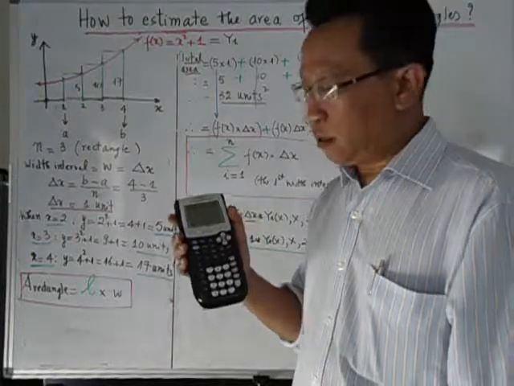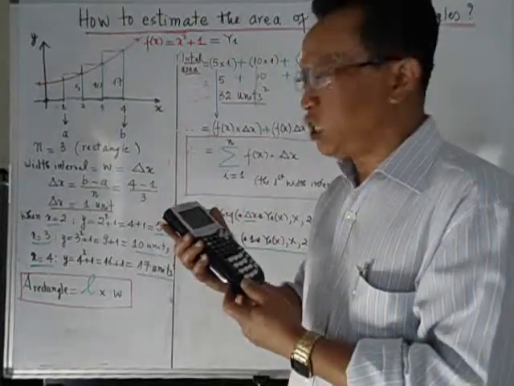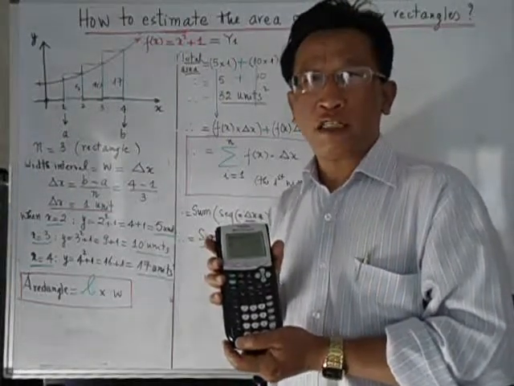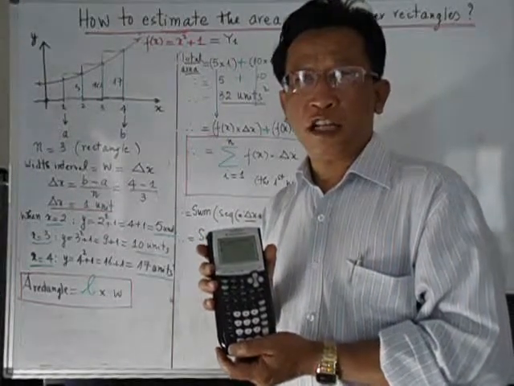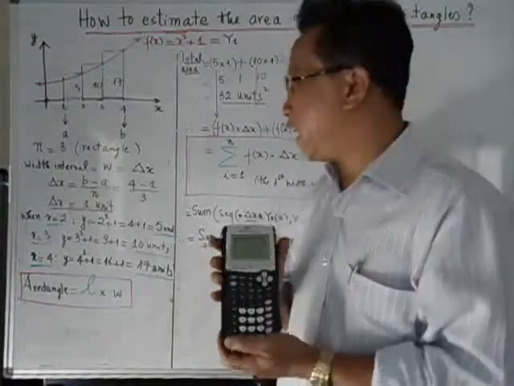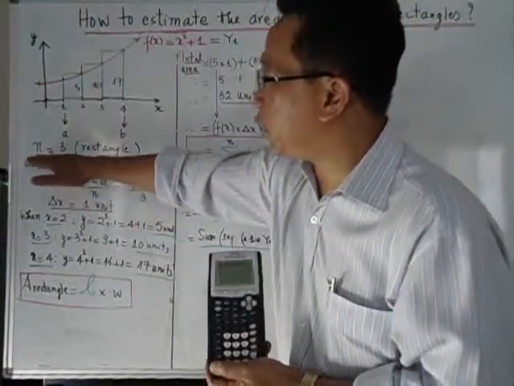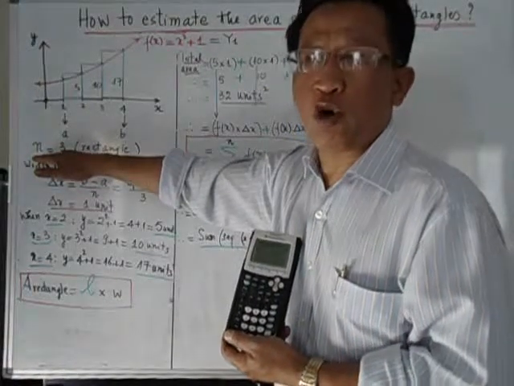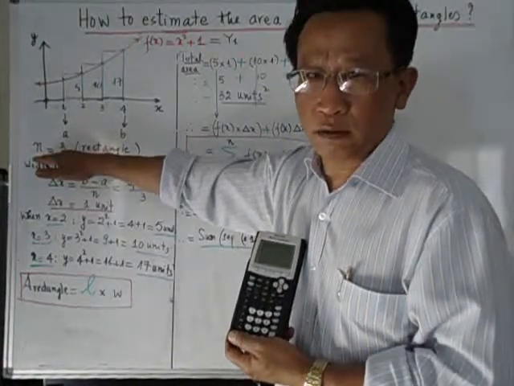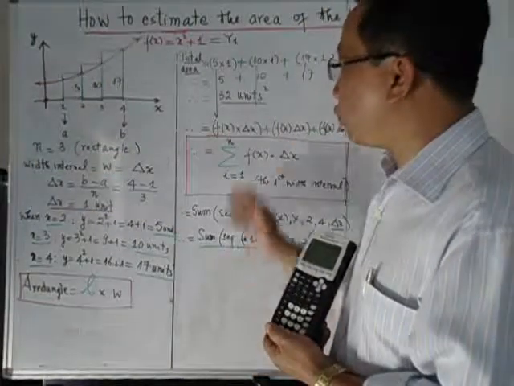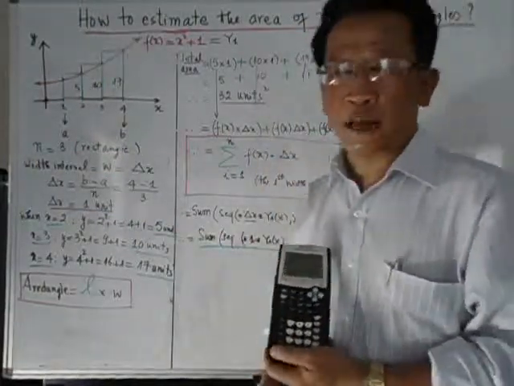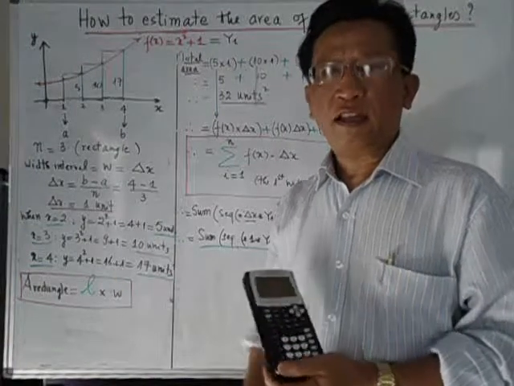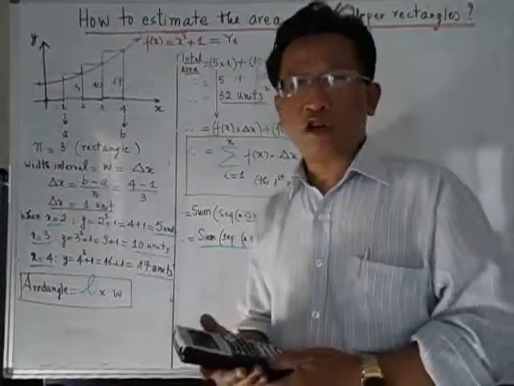And remember, on TI technologies and your graphic calculator, the limit for n, the number of rectangles, is not over 1000. So you have to understand this concept. Thank you very much for your attention.